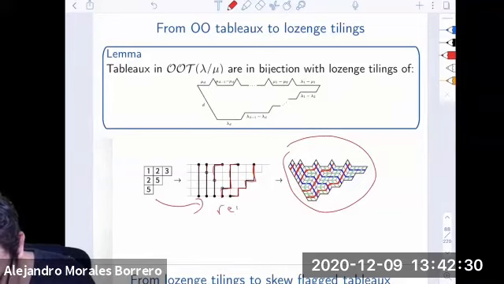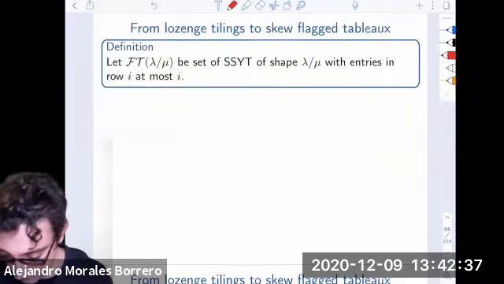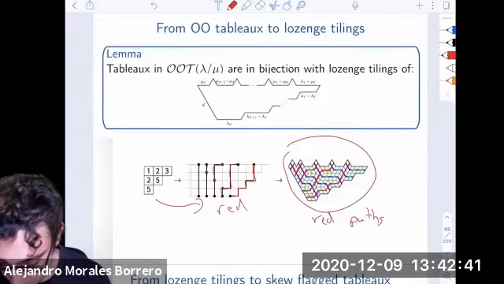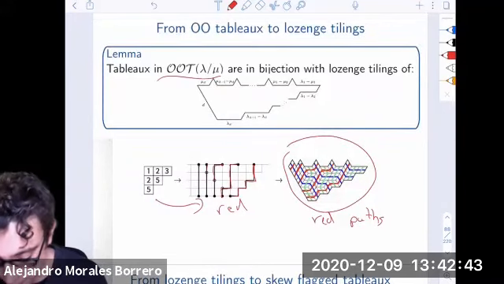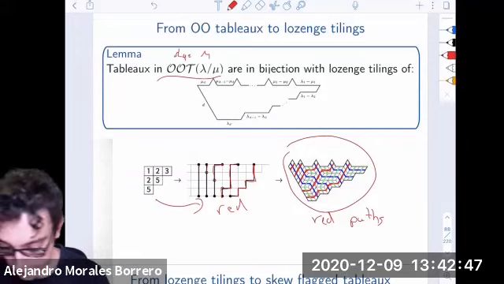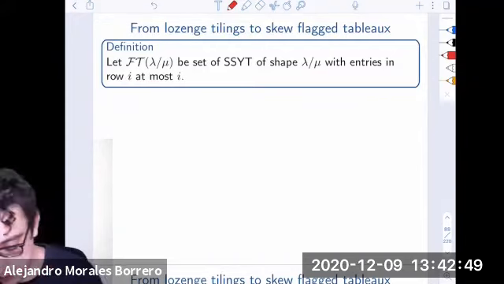These paths here should be the red paths here. Okay, so that's the first step. So you go from these tableaux here of shape mu to certain lozenge tilings.